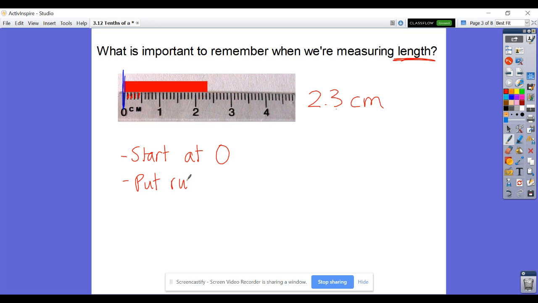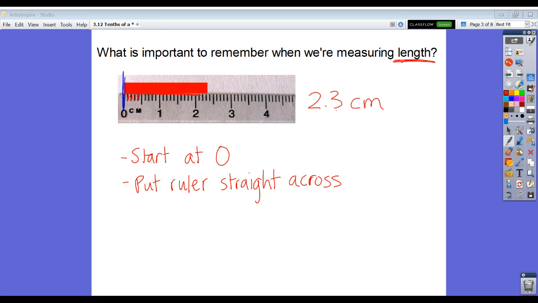Put the ruler straight across. I could have even used math vocabulary and said parallel to the line. Just make sure it lines up right across like that.